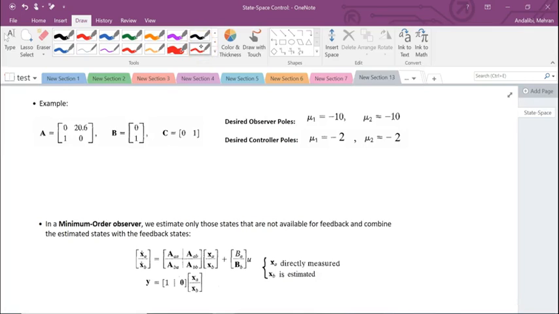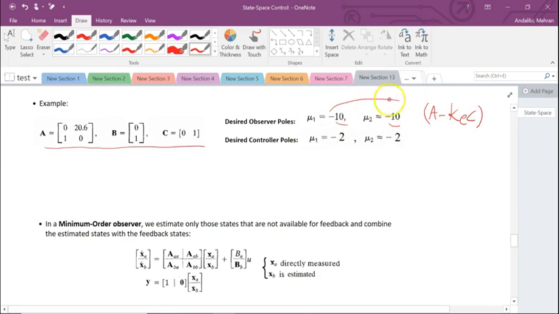So here is the example. Here I have a physical system. These are the fundamental matrices, A, B, C. As I said, D is 0. We want to use a full state observer to control the system where the poles of the observer, or the eigenvalues of the A minus KE times C matrix, are at -10 and -10.